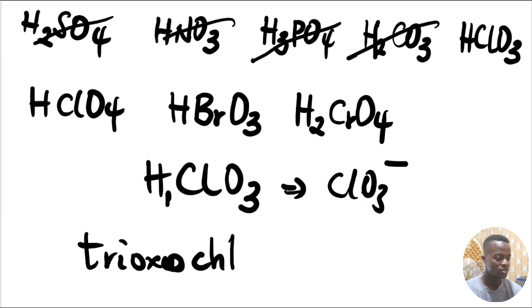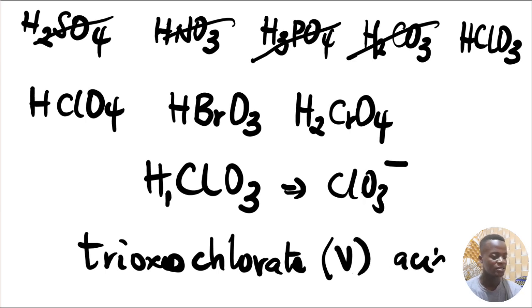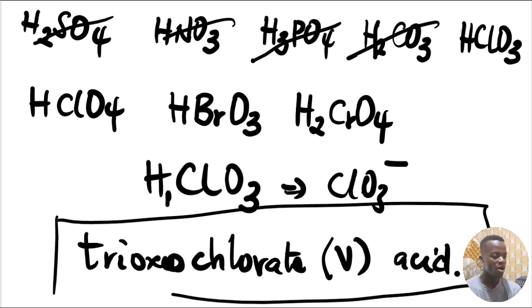This chlorine, that will be 6 minus 1, that will be 5. So that is trioxochlorate(V) acid. This is the name of our oxo-acid HClO3.